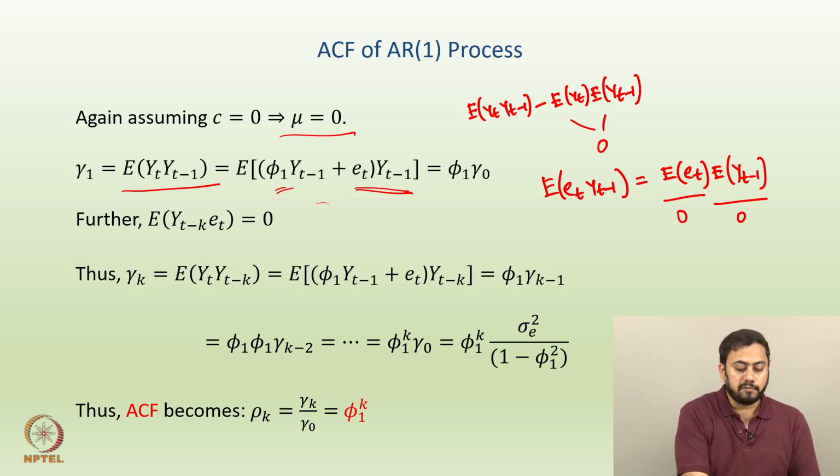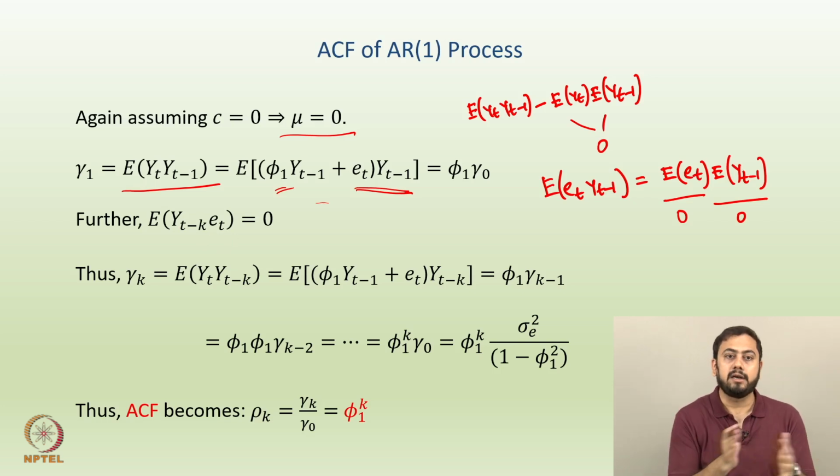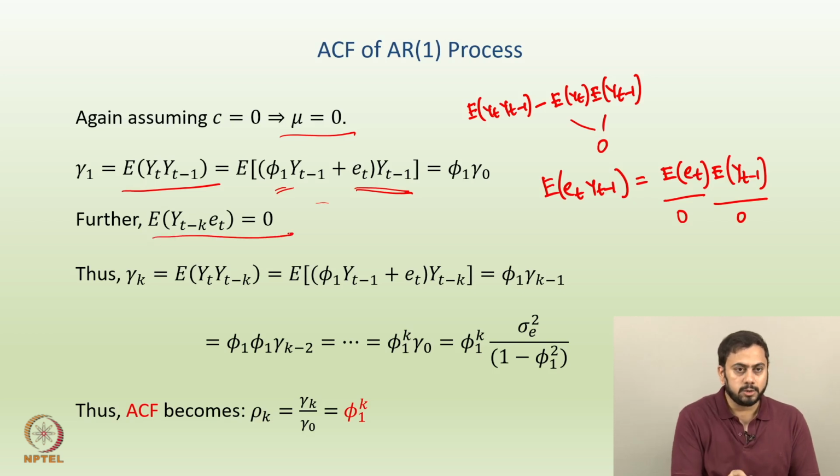Further, the expectation of yt minus k into et is also 0, using the same idea that yt minus k does not depend on et. Yt minus k depends on all the error terms before t minus k, so it is completely independent of et. Their expectation can again be broken down into the product of individual expectations, and both of them have to be zeros. Why do we require this assumption? You will slowly see in the next equation.